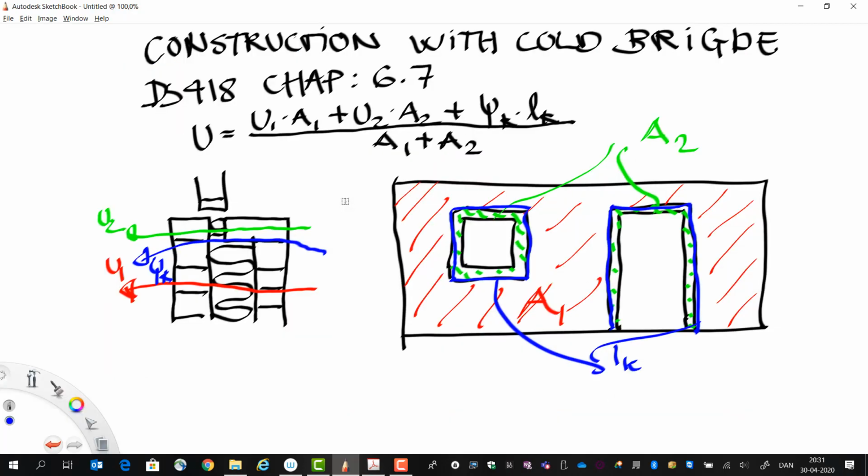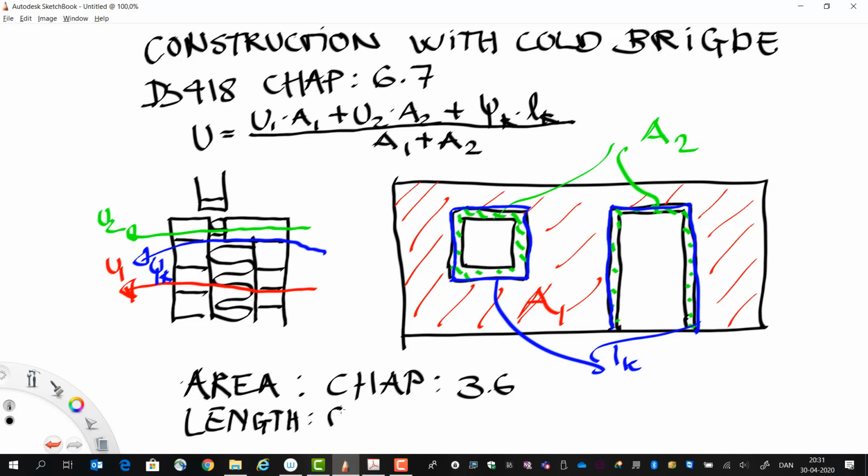So we go back and we write here that the areas we find in chapter 3.6 and the length in chapter 3.7. And then we missed to find the linear loss.